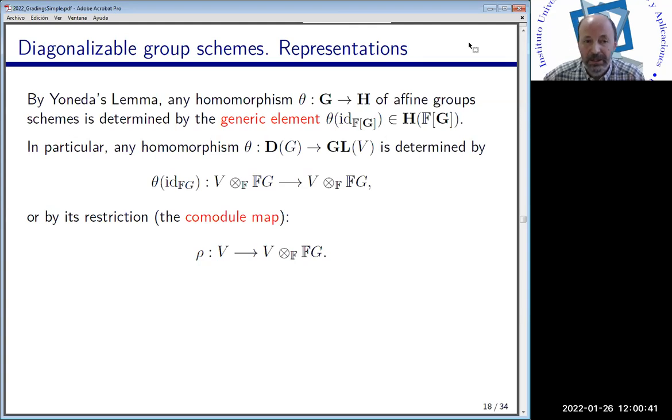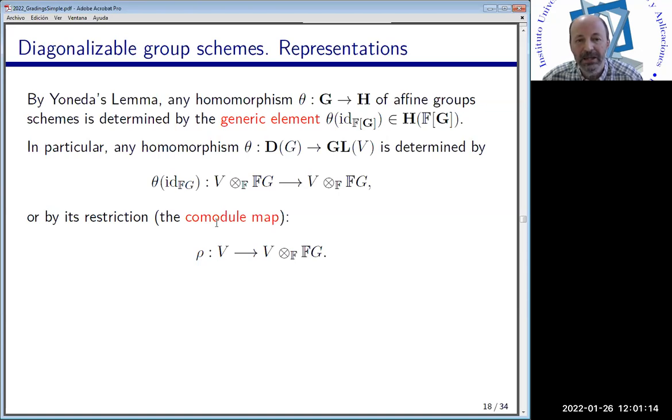So in particular, if we start with a homomorphism from a diagonalizable group scheme into the general linear group scheme of a vector space V, then this generic element is just a linear map over the group algebra of the group G of V. And then we can restrict to just V, which lies inside this element.